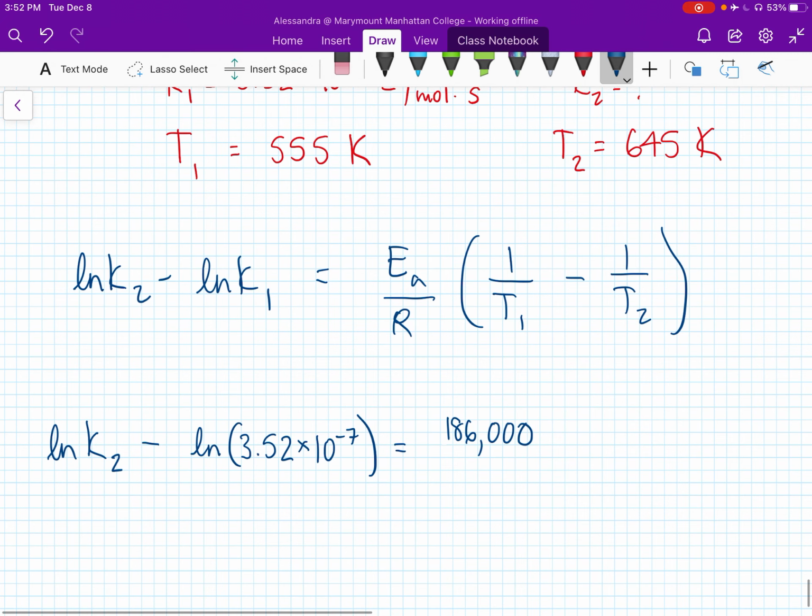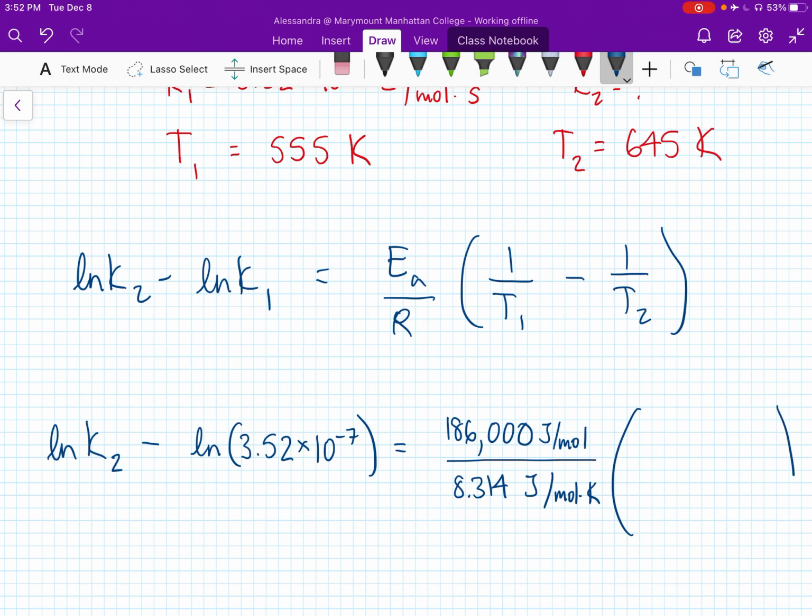That's 186,000 joules per mole. And I'm going to put it over my R, which is 8.314 joules per mole Kelvin. Now, in parentheses, I have 1 over T1, which is 555 Kelvin. It's already in Kelvin. If it's not in Kelvin, you need to convert to Kelvin. Minus 1 over 645 Kelvin.